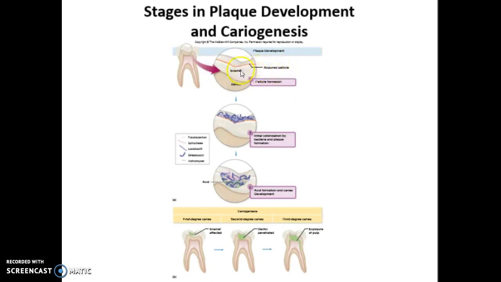The tooth is covered by the enamel, and you develop this pellicle, which is just a simple lining or covering of the tooth. And this is generally polysaccharide, so carbohydrate, sugar in nature, and that allows the bacteria to come in and sit next to your teeth.